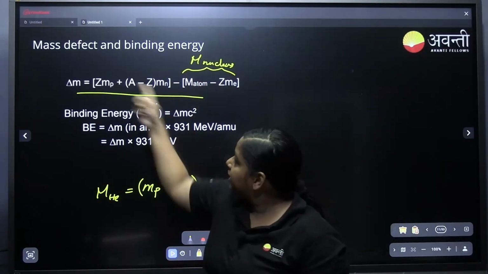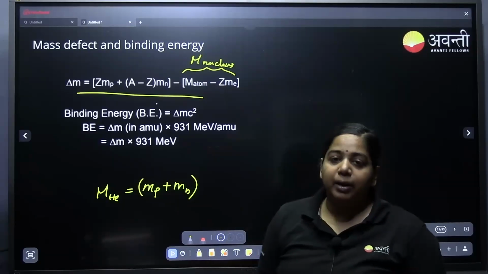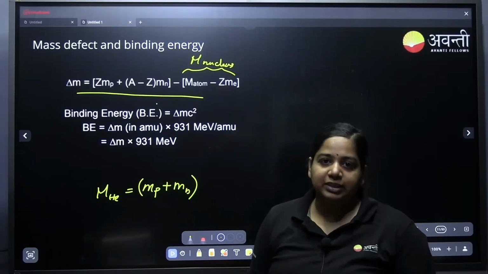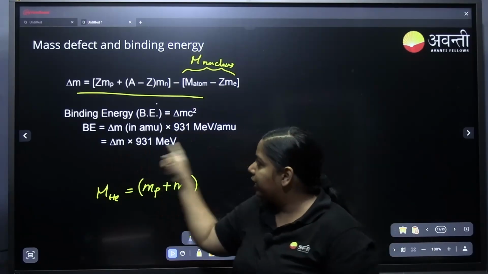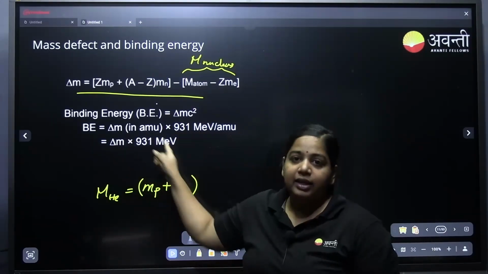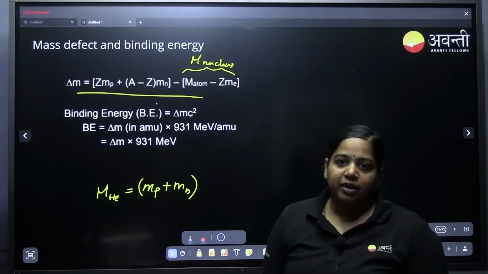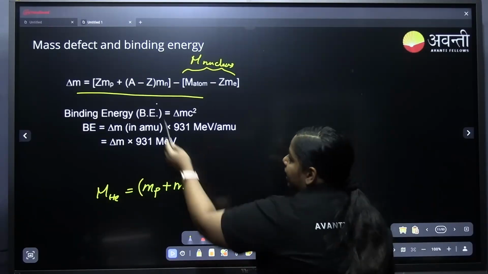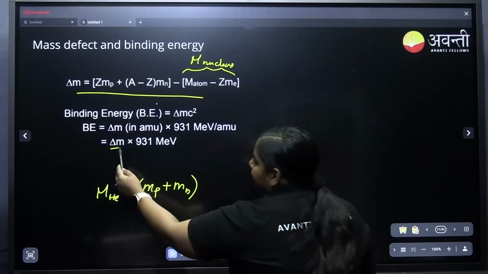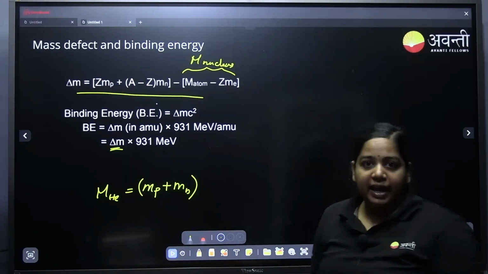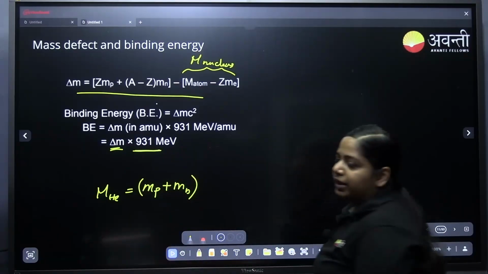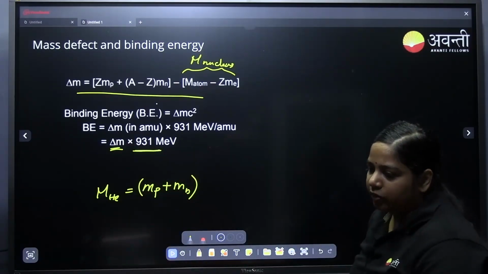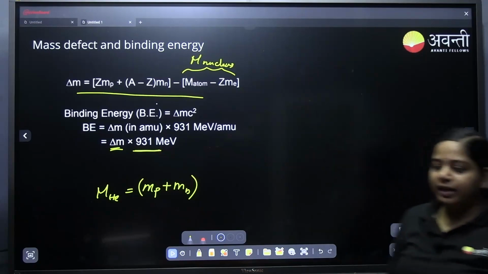And this is converted to binding energy by Einstein's equation, delta m c square. Here, why I told you we are using this 931 mega electron volt: instead of calculating it, if you get the value of delta m in AMU, you can easily multiply it with 931 mega electron volt and calculate the binding energy.